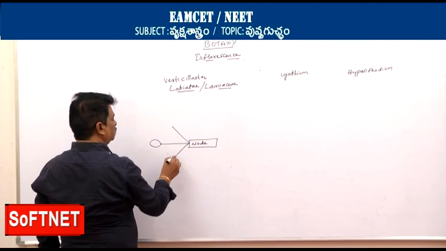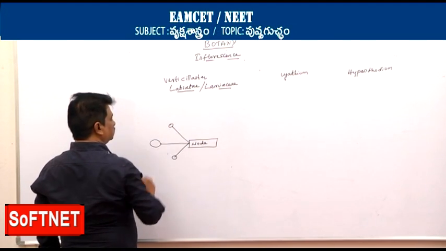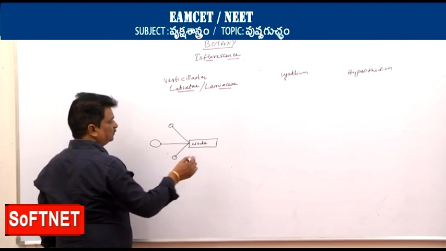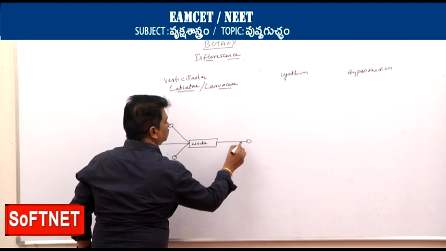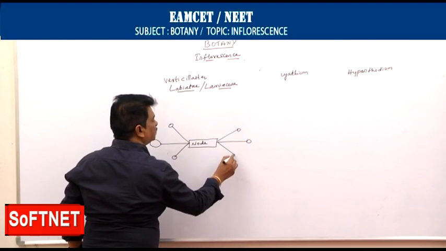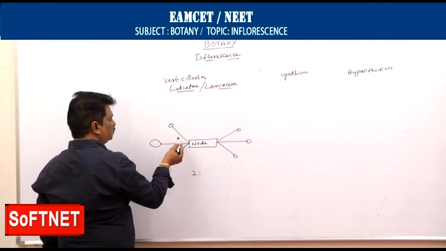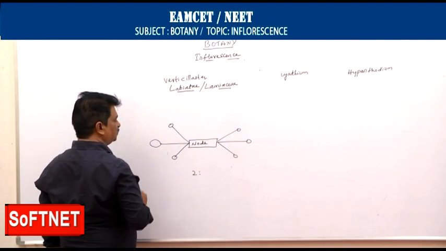Initially, the inflorescence starts with a dichasial cyme. This is one side, and here is another dichasial. So the number of dichasial cymes is 2.